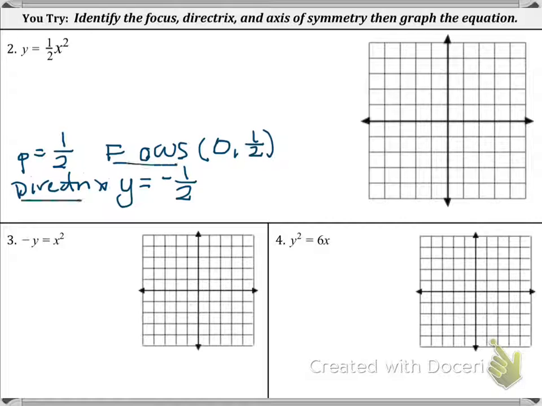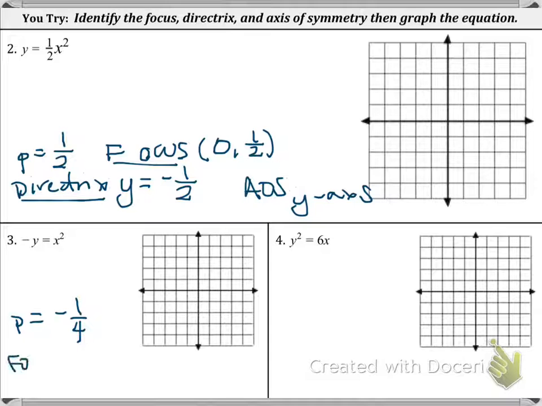Then, focus, directrix. Now we have our AOS, which is just specifically the y-axis.